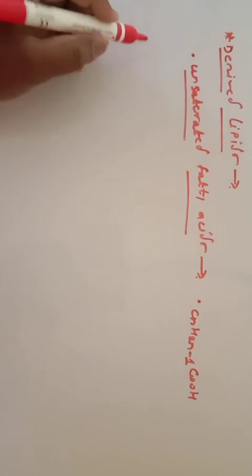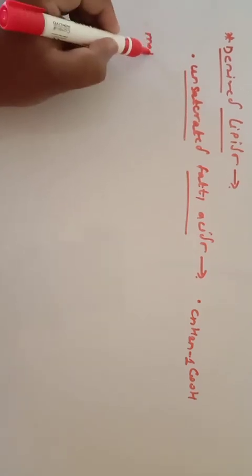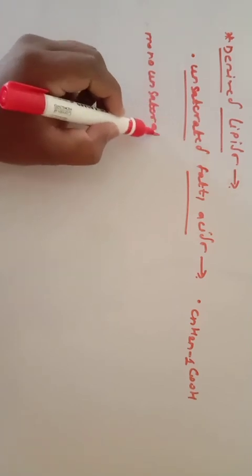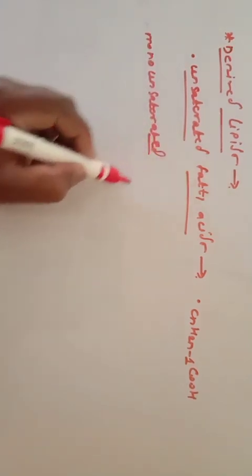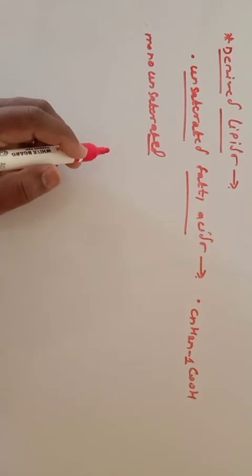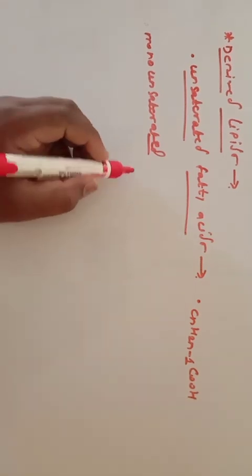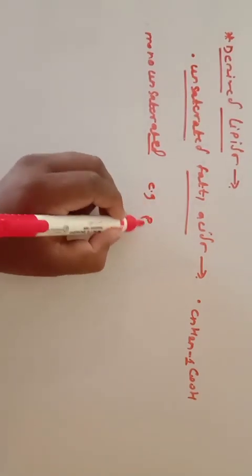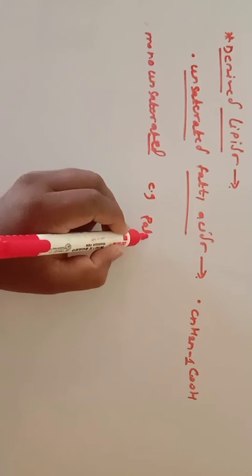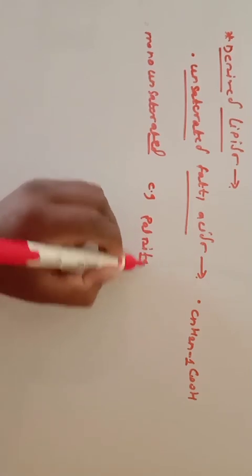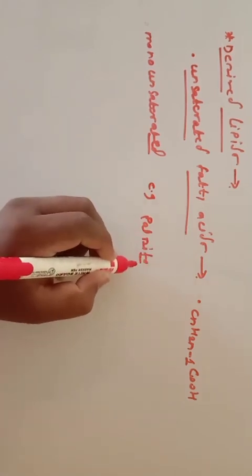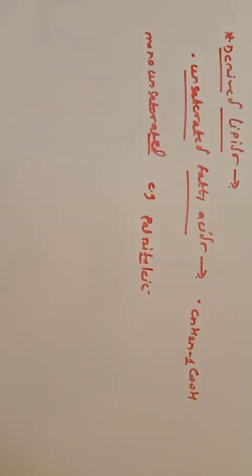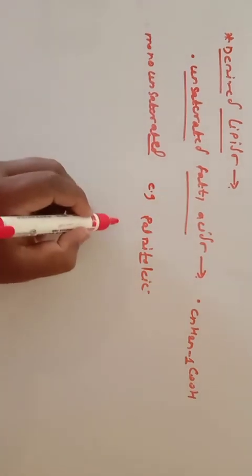Monounsaturated means it contains only one double bond. Examples of monounsaturated are palmitoleic acid and, second, oleic acid.